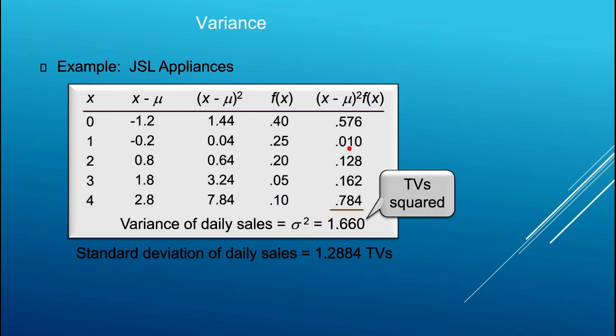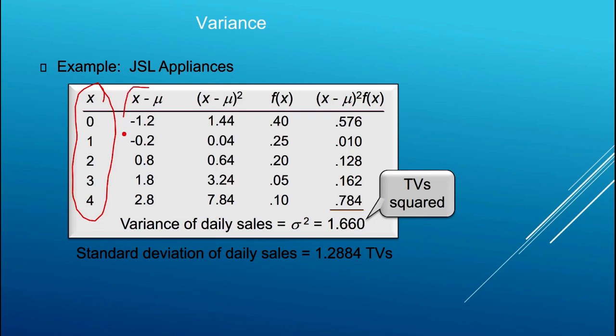Here's an example of calculating the variance for JSL Appliances. Again, there are a lot of steps here. Fortunately, most computer packages like Excel will calculate this by typing in just one simple formula. But again, we have x and the values that it can take on. That's our random variable.